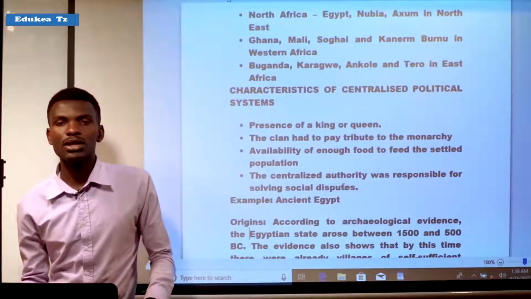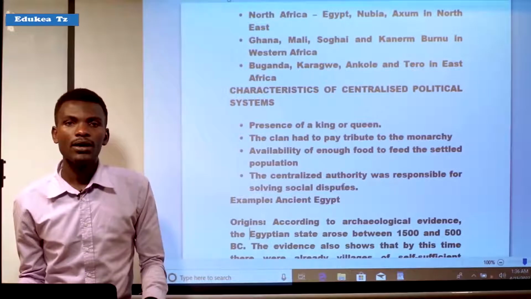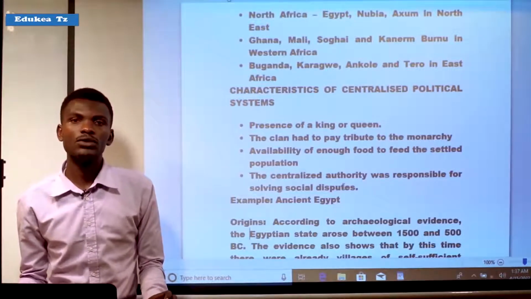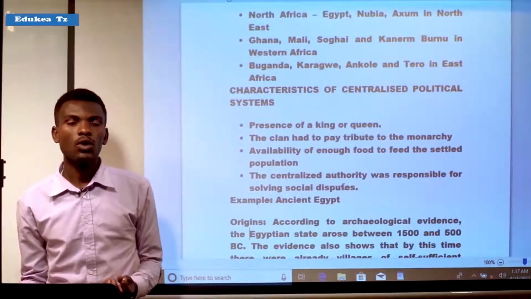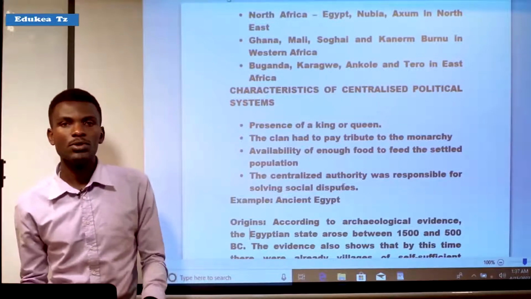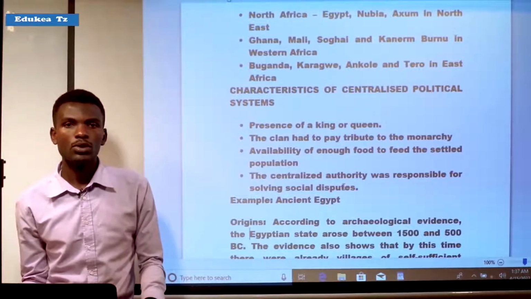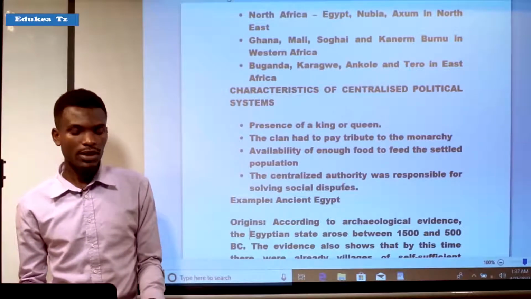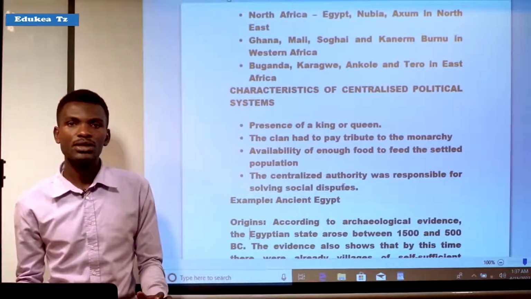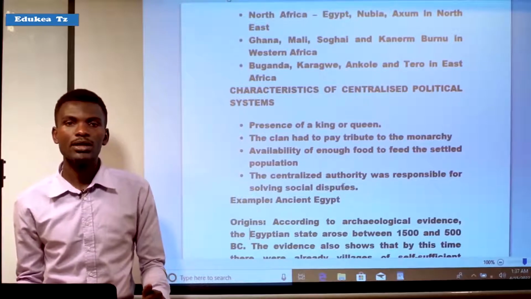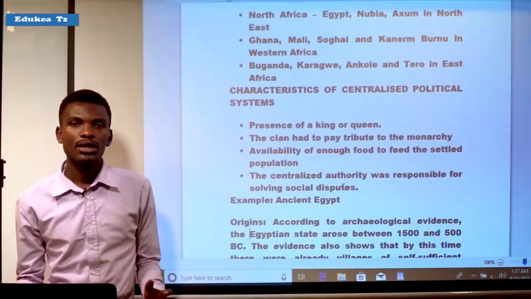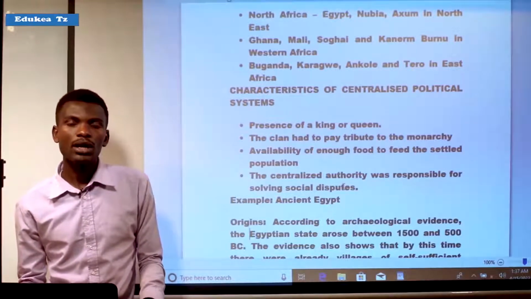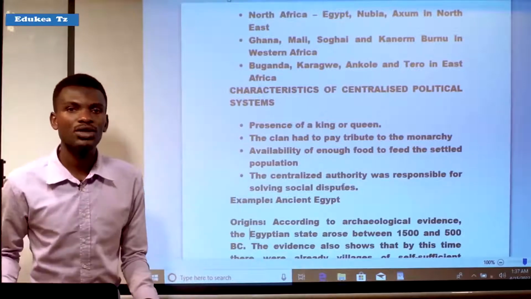It means that in centralized states there was sufficient food to feed the population present in the kingdom, and that is why many centralized kingdoms involved themselves in the production of food crops.